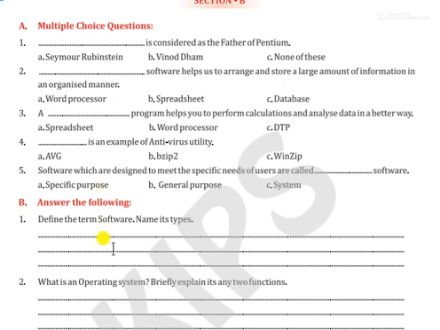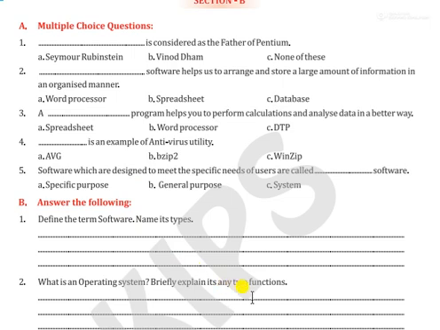Now we will move to the question answers, like define the term software and name its types. So a set of programs is known as software.